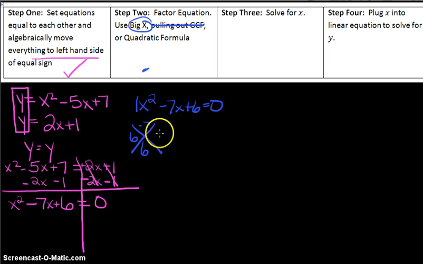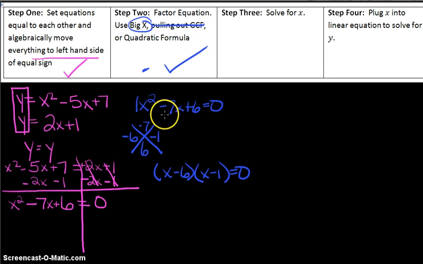I could put the 6 here and the 1 here because 6 plus 1 is 7 and 6 times 1 is 6, but I need that negative 7, so it's a negative 6 plus a negative 1 gives me a negative 7, and negative 6 times a negative 1 does equal a positive 6. So this works. So my factors now are x minus 6 times x minus 1, and that equals 0. And that's it. I'm done with step 2.